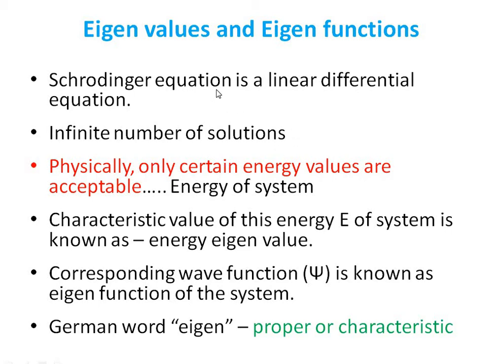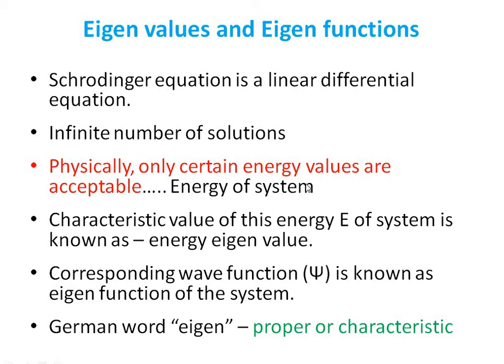So if our Schrodinger equation gives energy as a solution, then it should have infinite values of energy. But physically, in reality, only certain energy values are acceptable that represent the energy of the system. Our system should not have an infinite number of energy solutions.